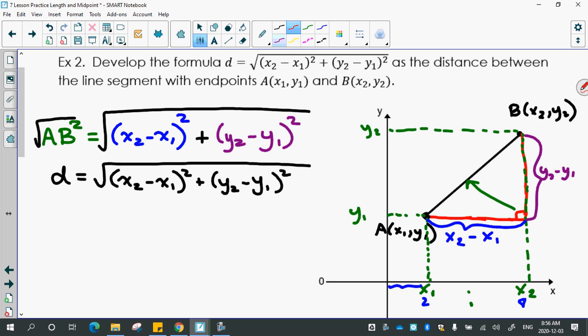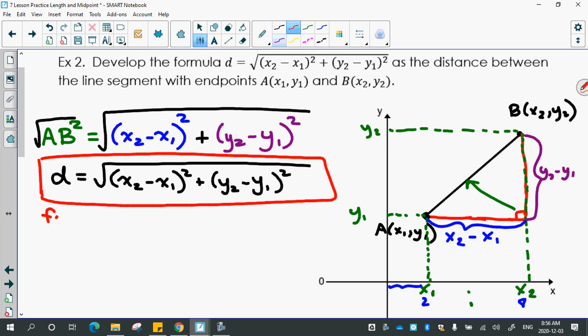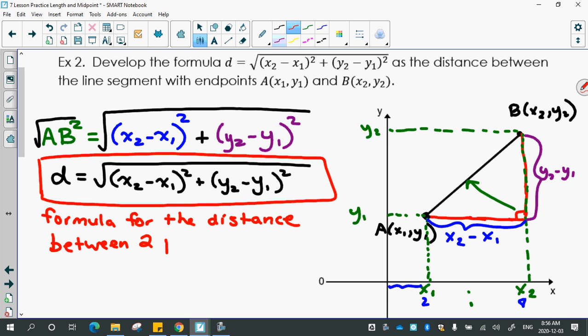So that's the formula for the distance between 2 points. So now we don't even need a grid. We can just use this formula to plug in x1 and y1 and x2 and y2 and get the distance between the points. So that's the grade 10 way of finding the distance between the 2 points.